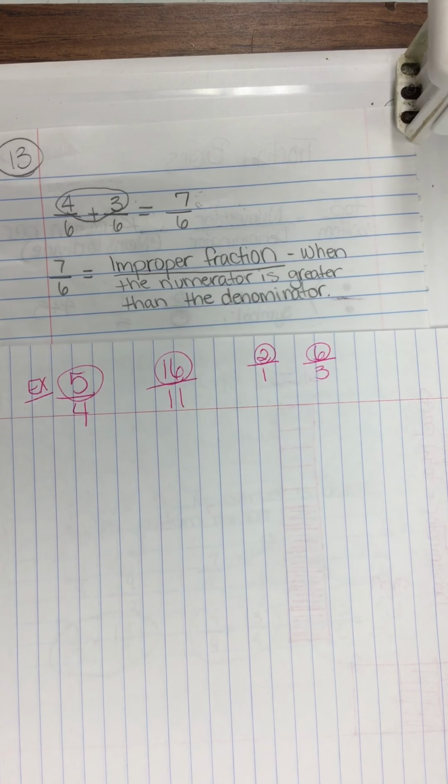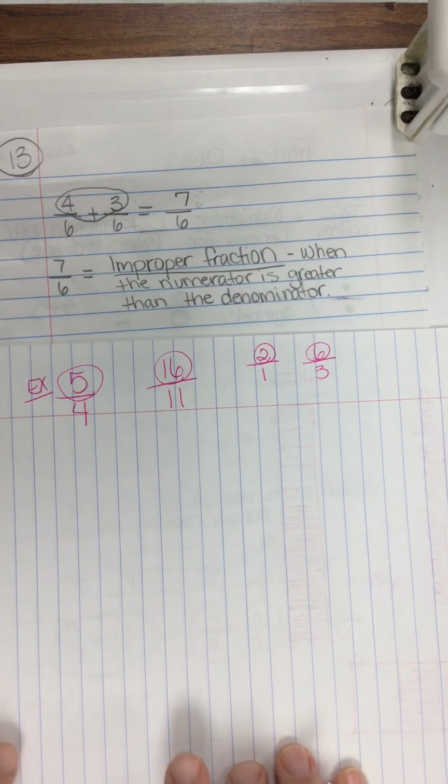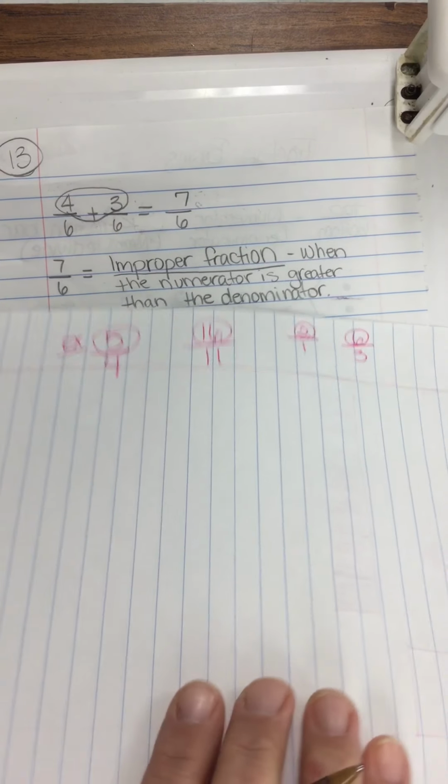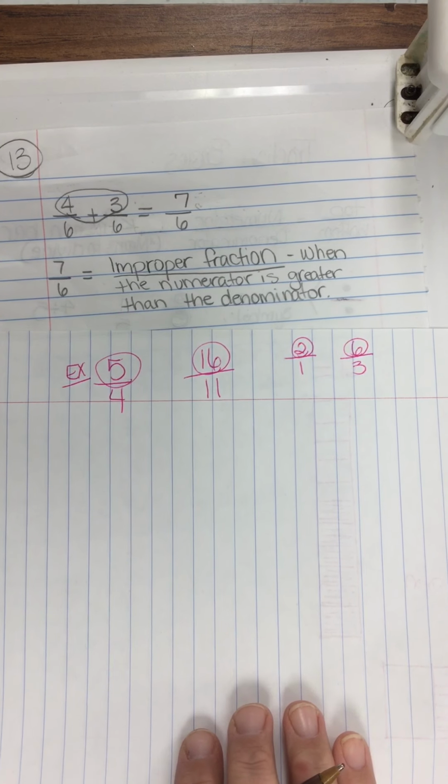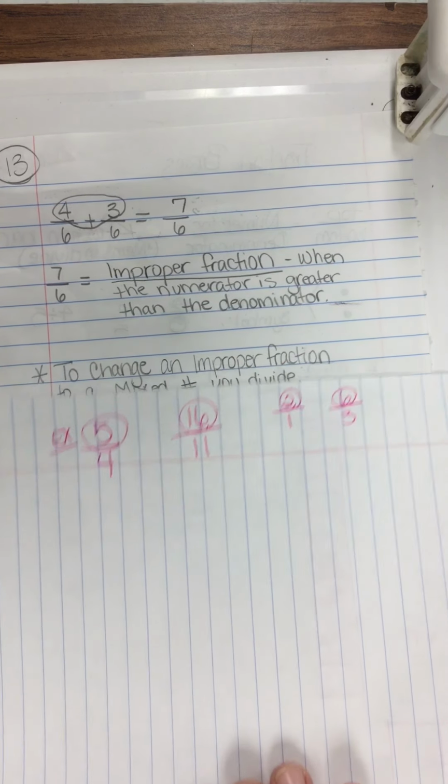Those are improper fractions. Anytime you see a bigger number on top than on bottom, it is an improper fraction.